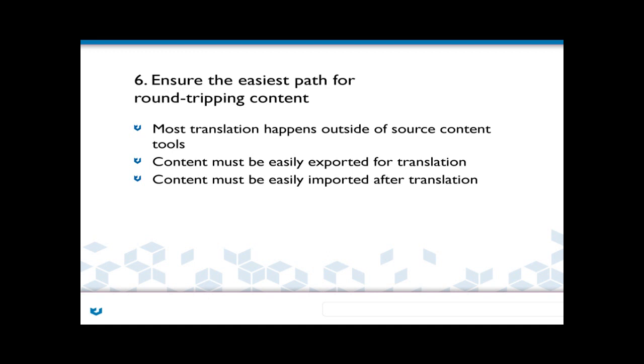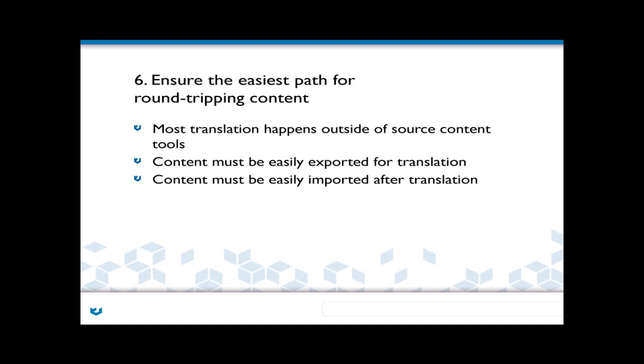FrameMaker content is going to be exported and consumed by a tool that reflects against translation memory in order to leverage as much reuse as possible on the translation side. And then that tool will export back to FrameMaker format, at which point you have a visual QA that happens on both the content and the layout. So content needs to be easily exported, and it needs to be easily imported into whatever tools you're using in order to have the quickest and most inexpensive round trip of the localization process.